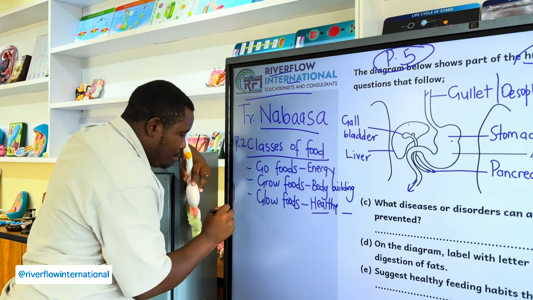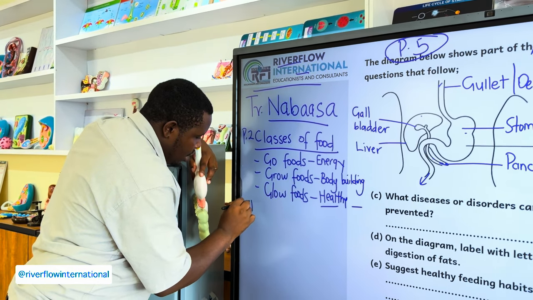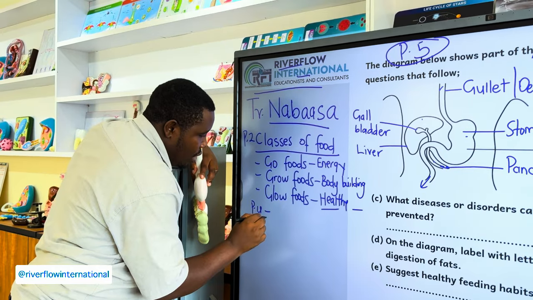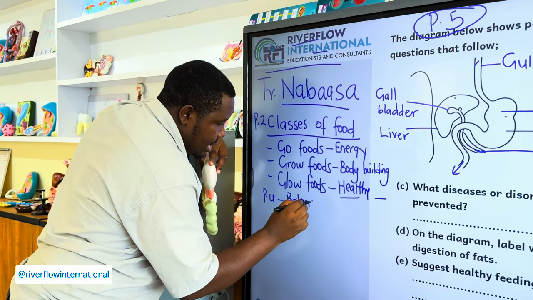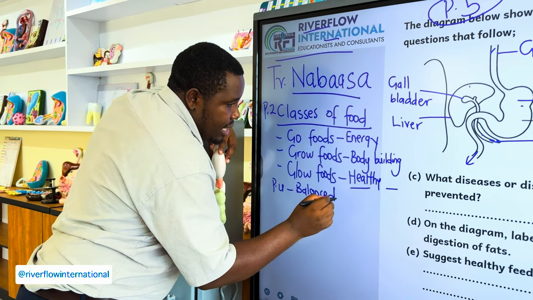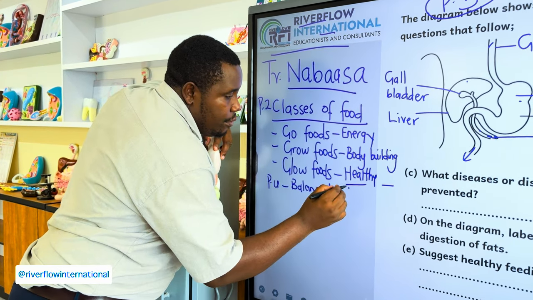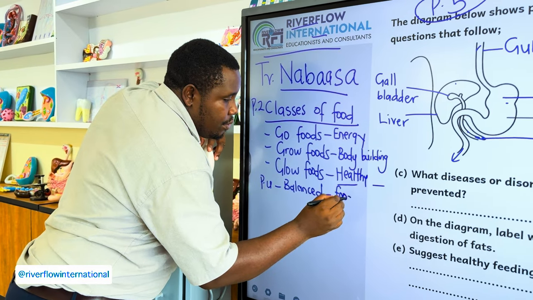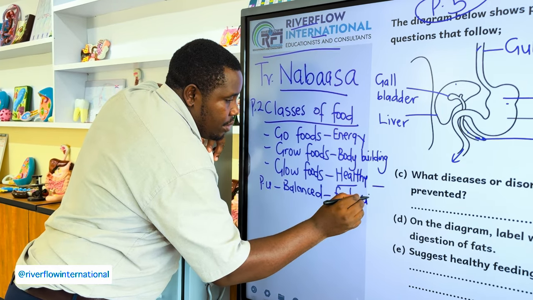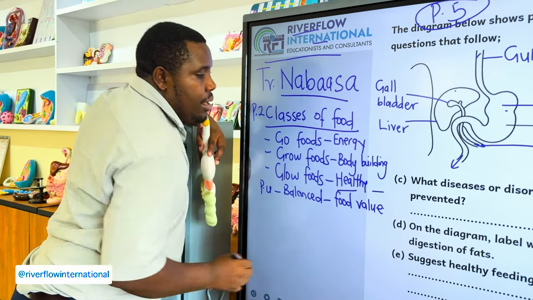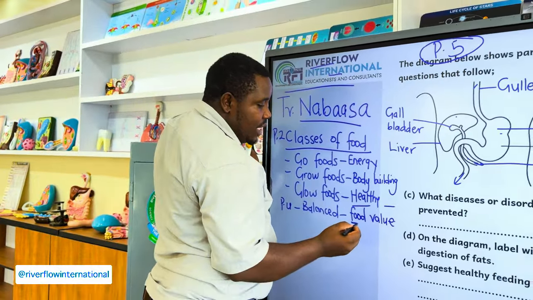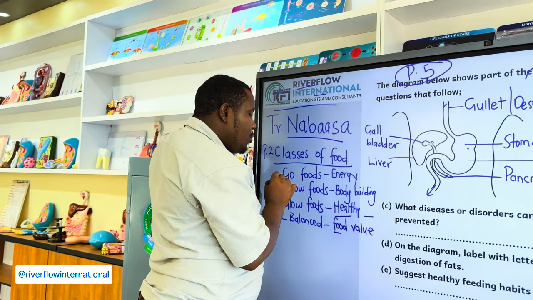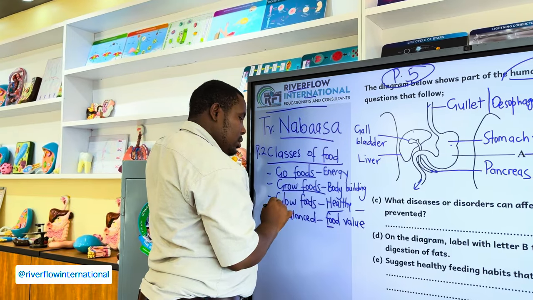But when you come to P4, under balanced diet, there is what we call food value. Food value. Now, you realize that the food values are what you get from these classes of foods.